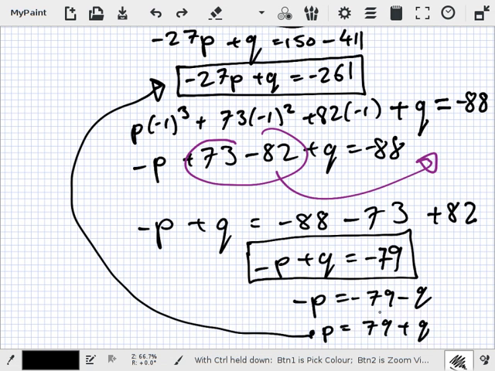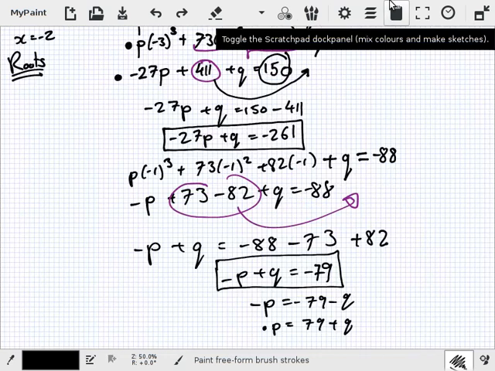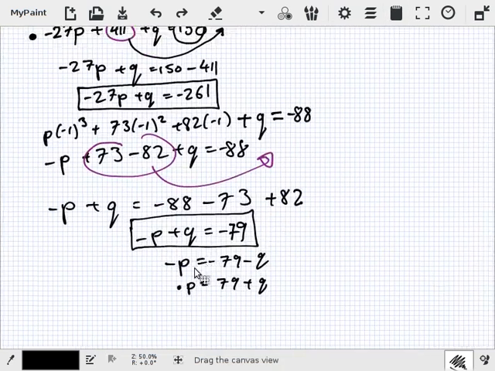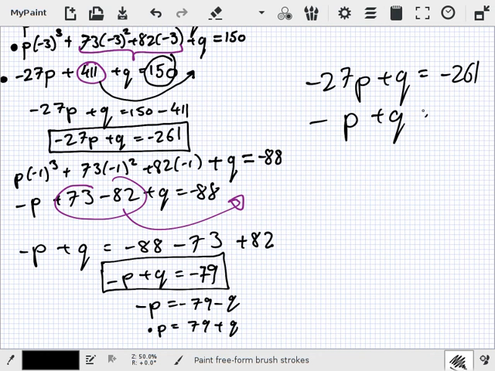But what I kind of prefer doing, and I think a lot of students prefer doing this, is the elimination method. So what you do is you write your two equations down, side by side. What's that one? Minus p plus q equals minus 79. And Ray, would you know what I do next if I have these two?